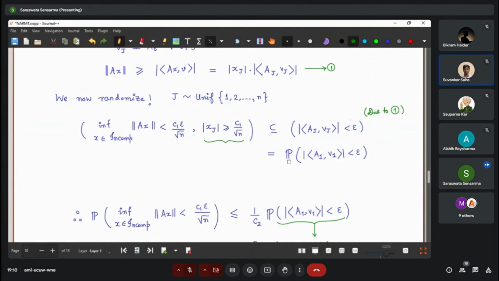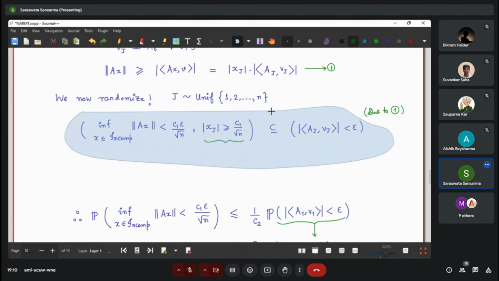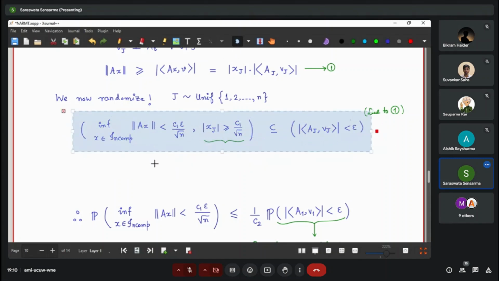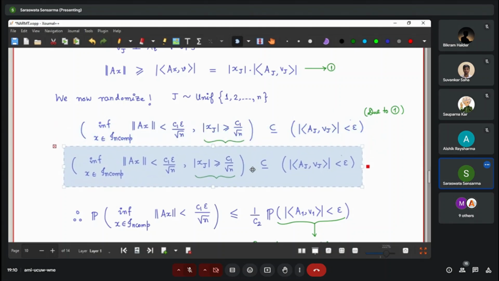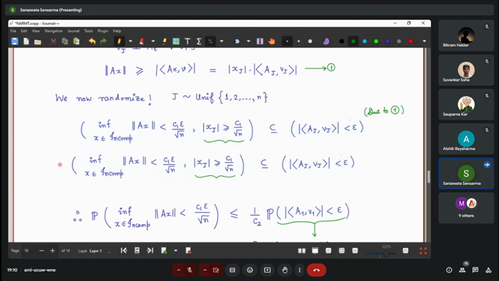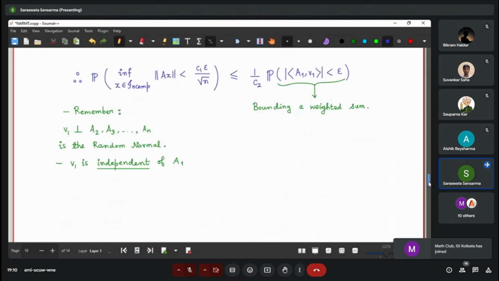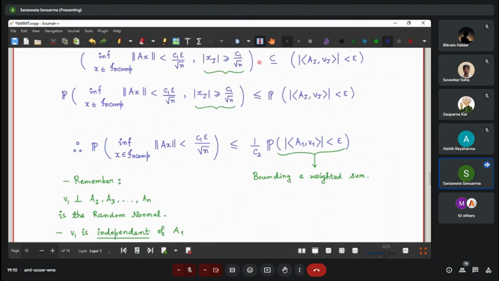Clear. Now we take probabilities. Maybe I should not have erased, but let's be quick. If we take the probabilities like this, on the right hand side we clearly see that there is no dependence on j.